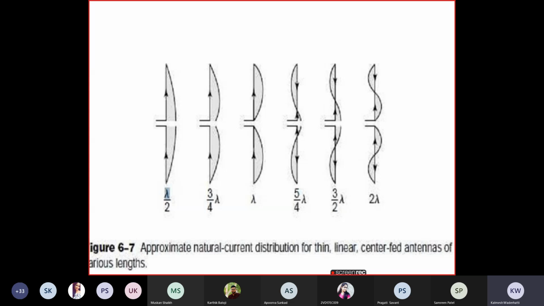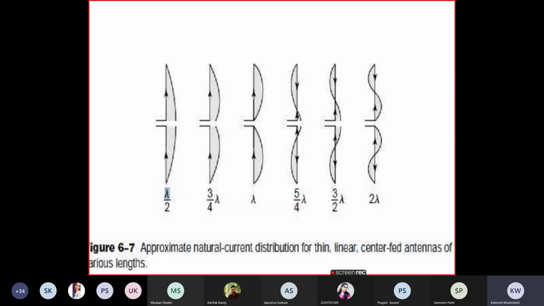With respect to one more length, 3 lambda by 4, we have the current distribution shown in the figure. As well as the lambda length, and 5 lambda by 4, the current distributions are shown in the figure.